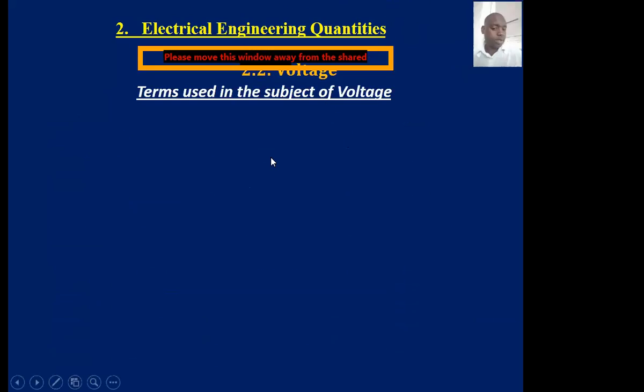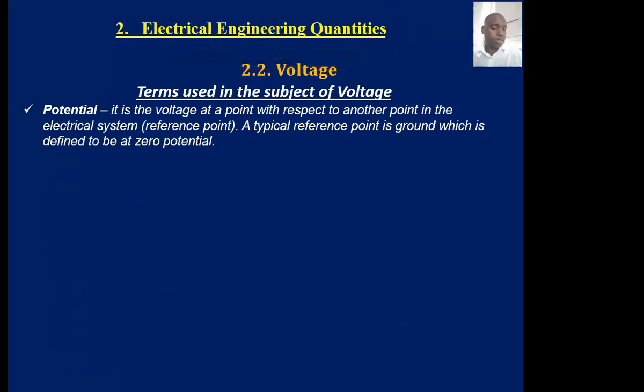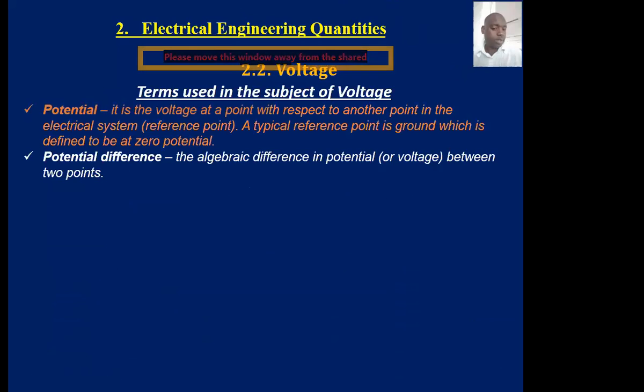So terms used in the subject of voltage, there are many terms that are used when we are talking about voltages. One, we talk about potential. Potential now is the voltage at a point with respect to another point of reference. And our typical point of reference is the ground, which is defined as the zero potential level.